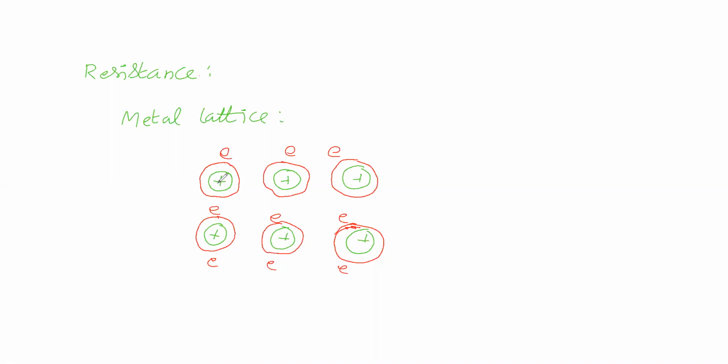Now see, this is the nucleus and this is the electron cloud. Nucleus and electron cloud are fixed. The free electron means it can move freely from one place to another place. It is called a free electron or valence electron.